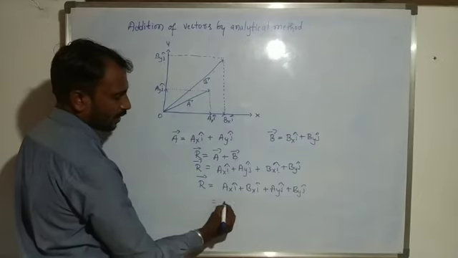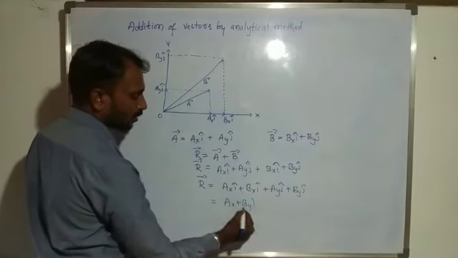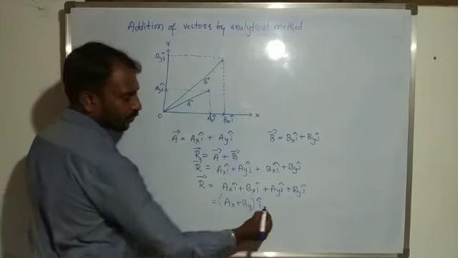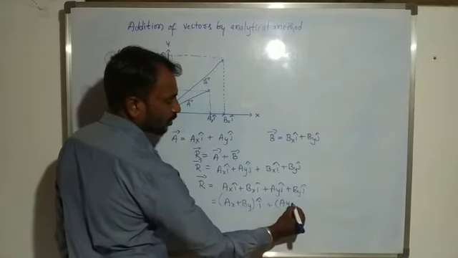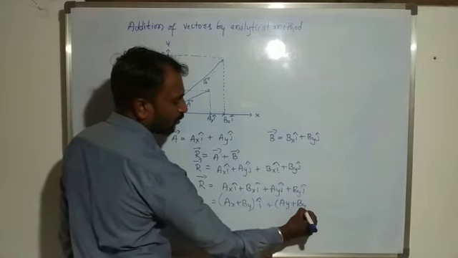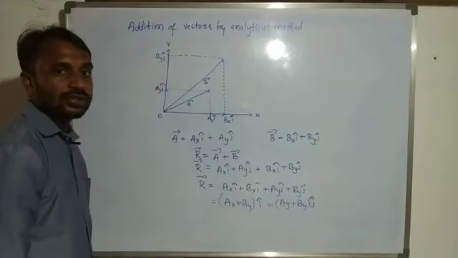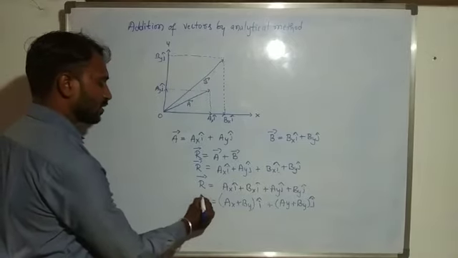So Ax plus Bx into unit vector i cap, plus Ay plus By into unit vector j cap. This is the resultant vector.